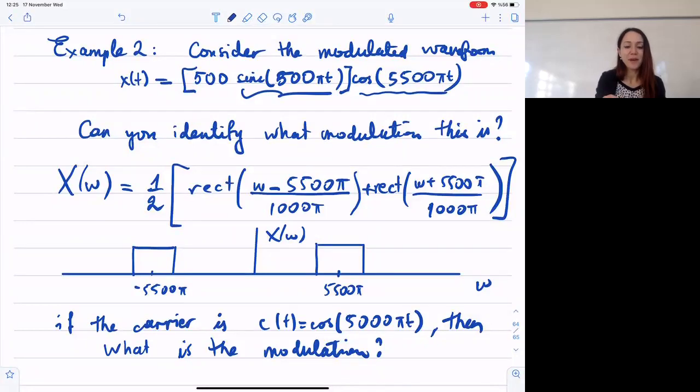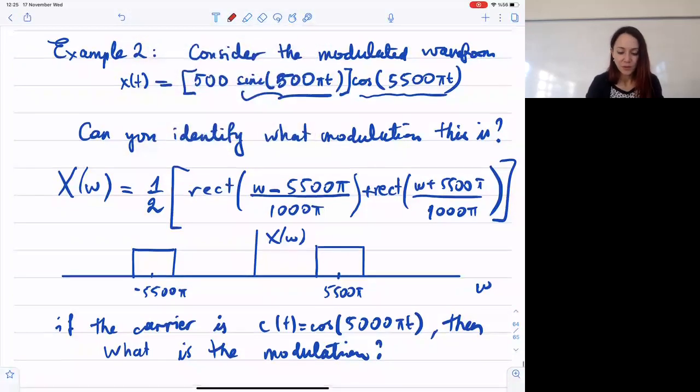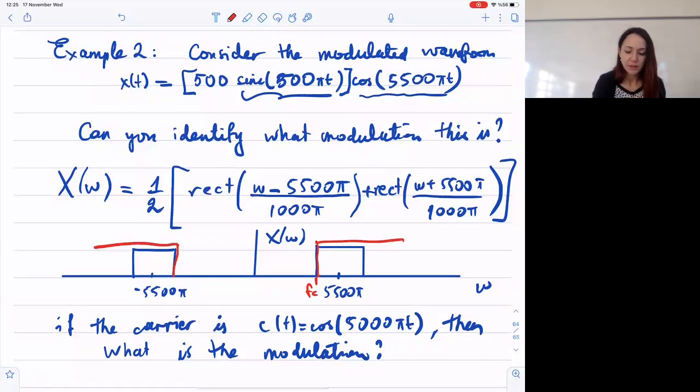Right, upper sideband, right? So notice that the carrier frequency is here. So this is upper sideband modulation.